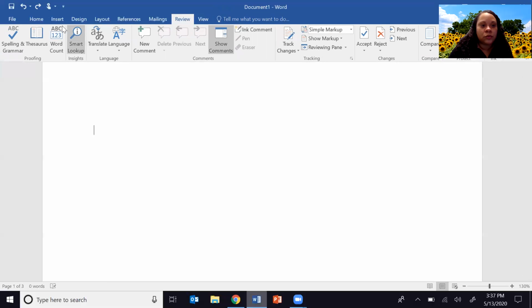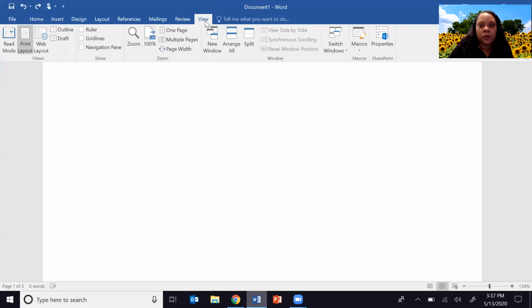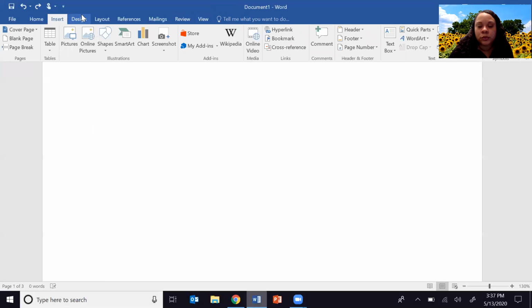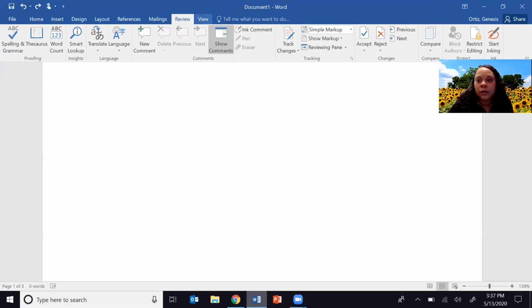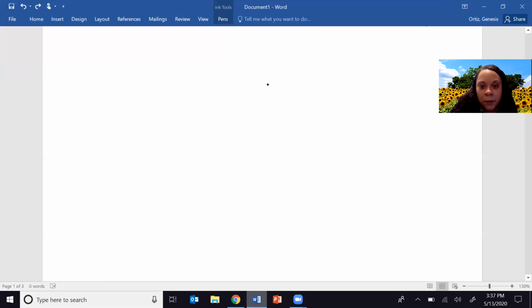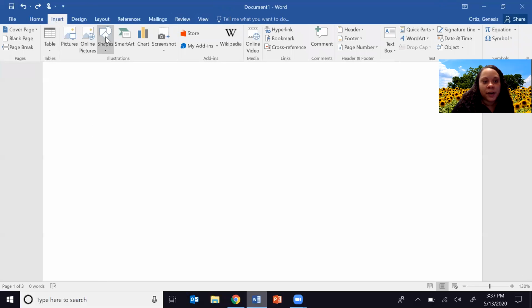How do I view? Why is this not cooperating with me? Okay, oh, there we go. I'm going to draw one square. Oh, you know what, guys? I found an even easier way. I'm going to insert a square.